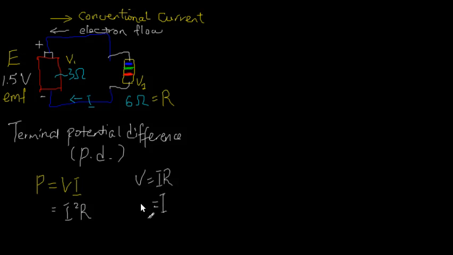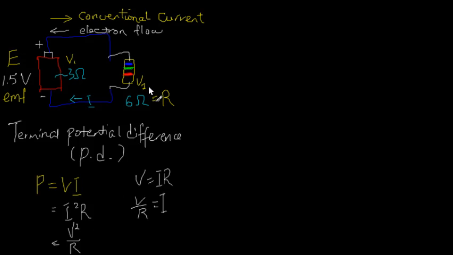If I move R over, I is equal to V over R. And if I substitute this into the I here, I'll get V squared over R. So there are these three formulas that I could use if I want to calculate power, depending on whether I know the voltage, current, or resistance.